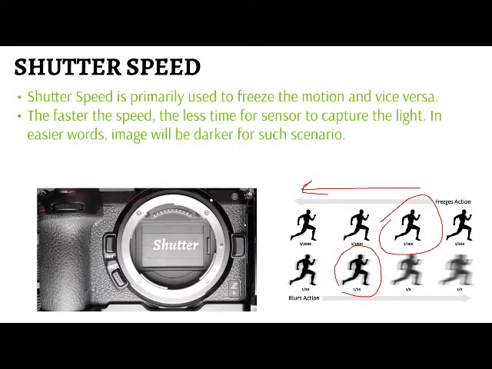Generally, if your lens has a focal length of 50 millimeter, written at the top of the lens, you want to set your shutter speed to at least 1/100, double the amount of your focal length. And you can go beyond that, maybe 1/500 or something like that.